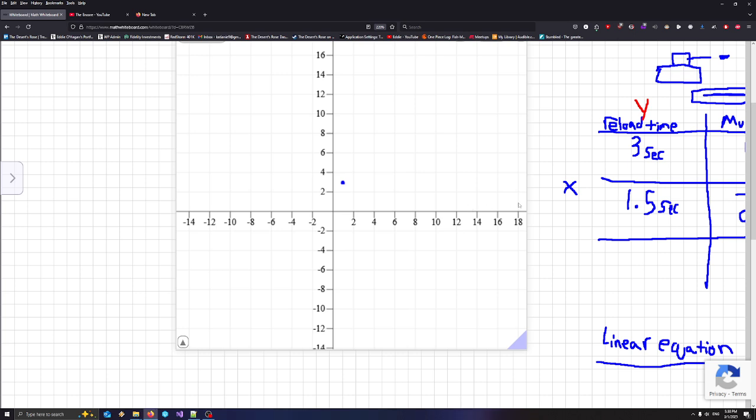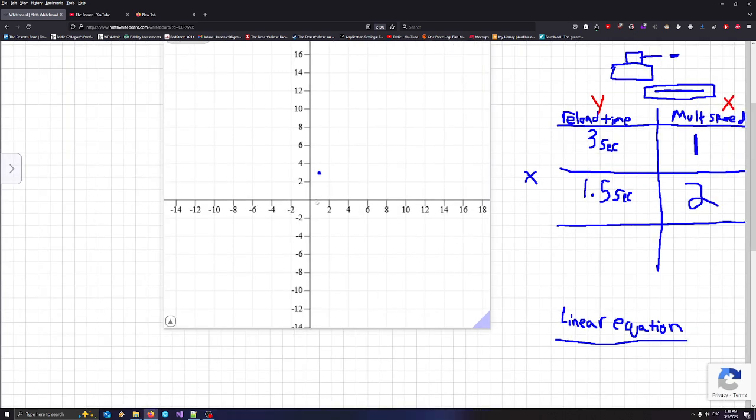Kind of small on the graph, but you can see that if we have now, then let's see, multiple speed of 2. So this is our x, right? So we'll go to 2, and the reload time is 1.5. So 1 is there because this is 2, and 1.5 is about there.